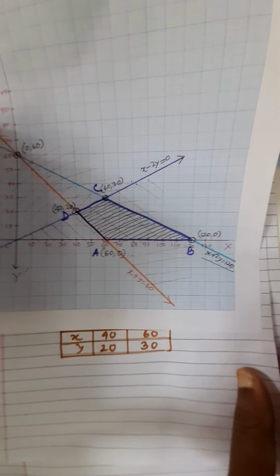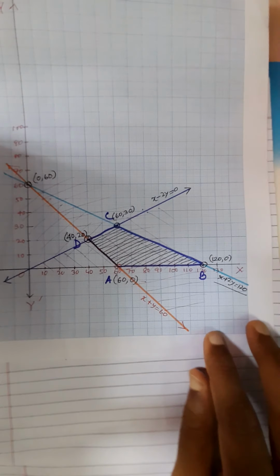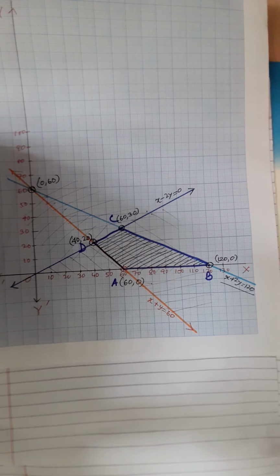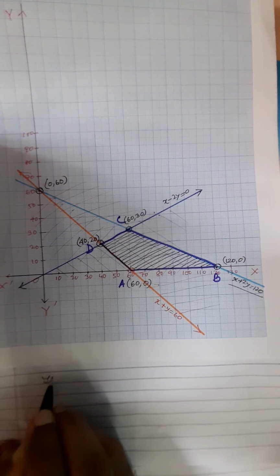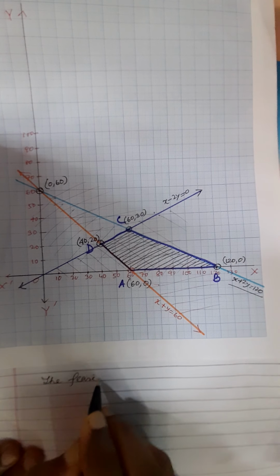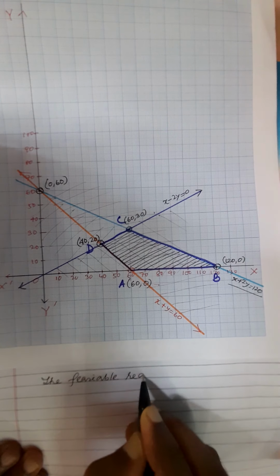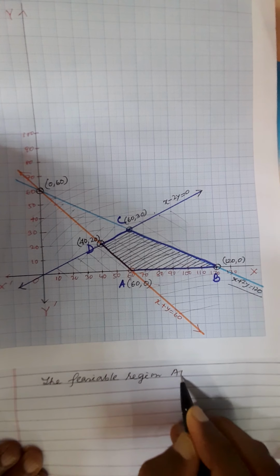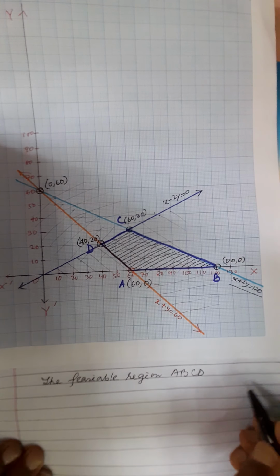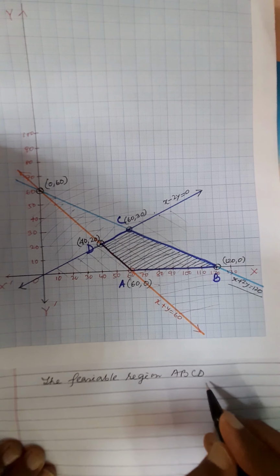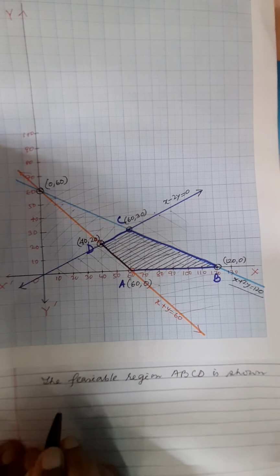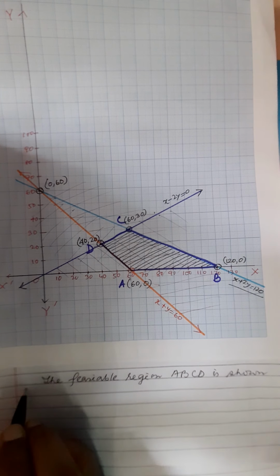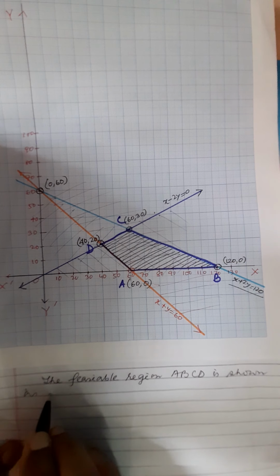So here, what will we write? The feasible region ABCD is shown as dark shaded.